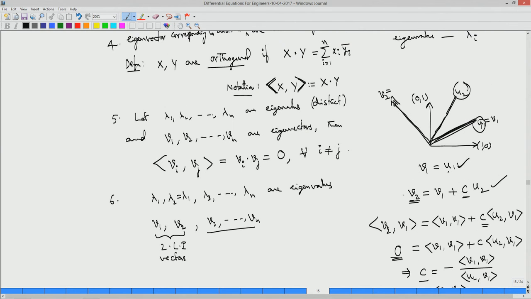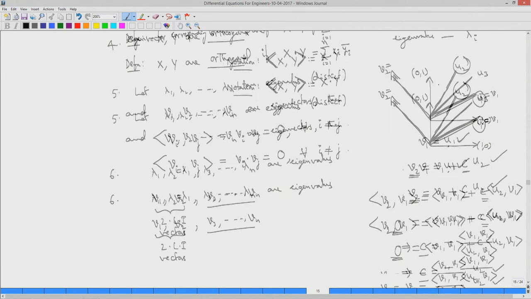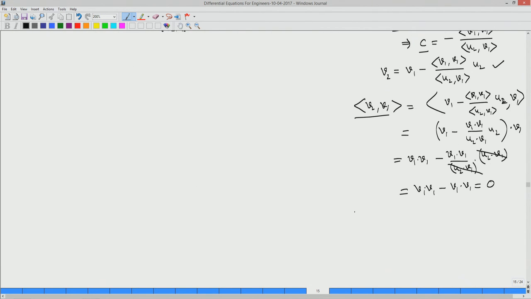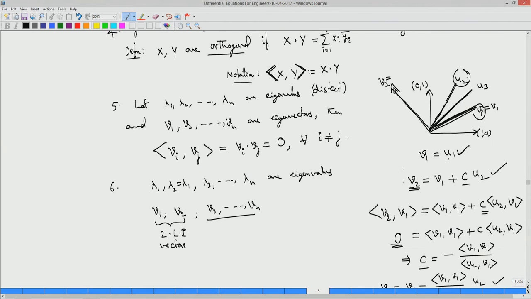Now, I may have 3, and I can make them orthogonal. Suppose you have 3 vectors, U1, U2, U3. U1 I make V1, U2 I make V2. Now, U3 you can also make. I want V3 as a linear combination. Now, you have V1 and V2, and the third vector is V3.